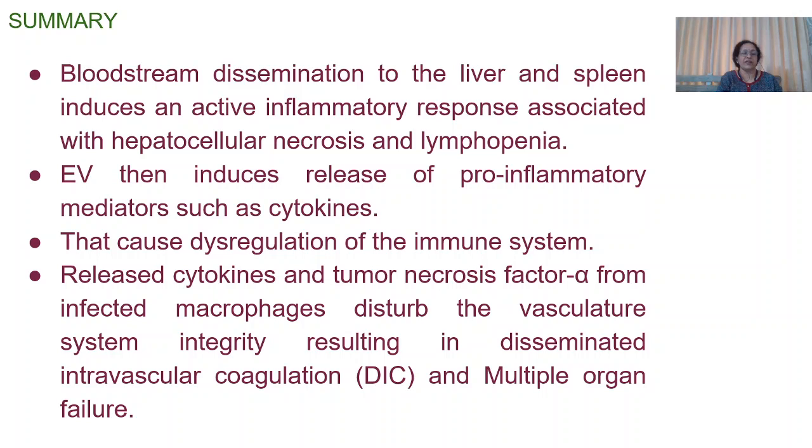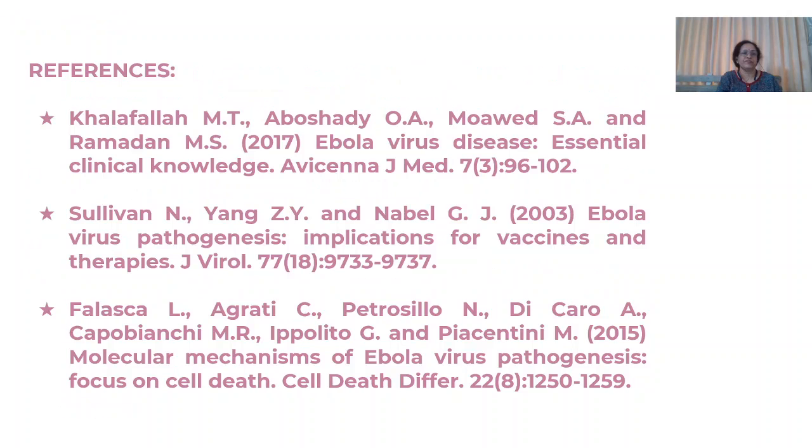As you know, cytokines are mainly responsible for febrile illnesses as well as inflammation. This causes dysregulation of the immune system. The released cytokines and tumor necrosis factor alpha from infected macrophages disturb vasculature integrity, resulting in disseminated intravascular coagulation, that is DIC, and this results in multiple organ failure.